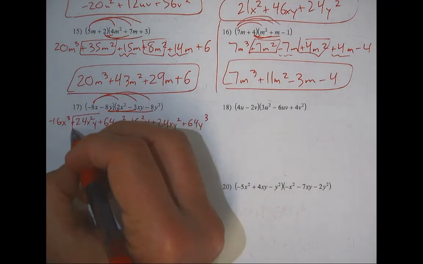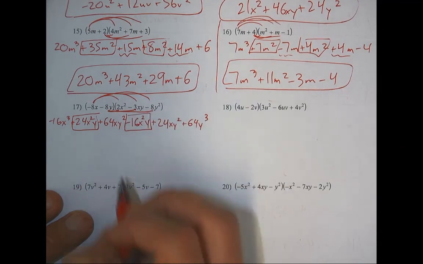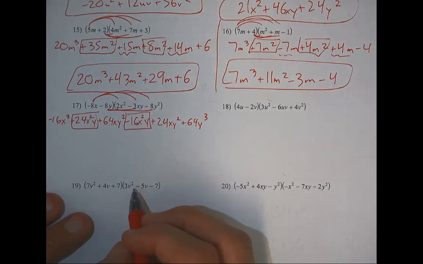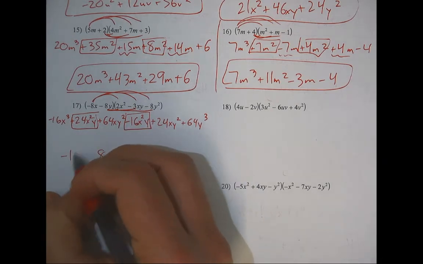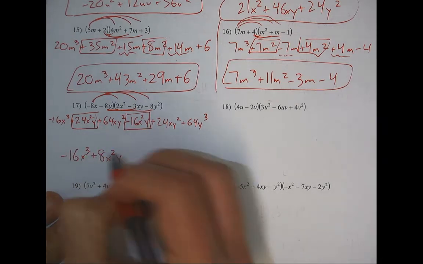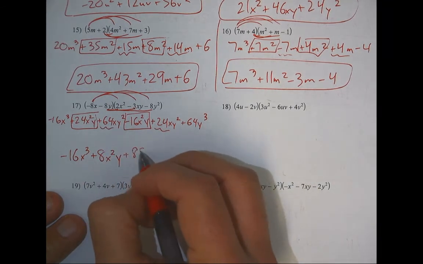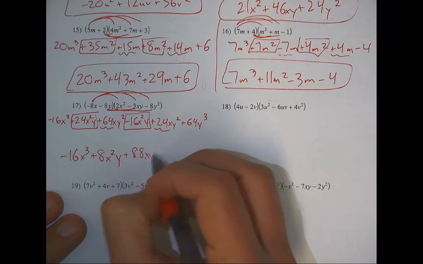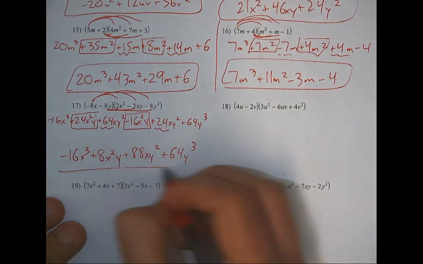All right, so x squared y goes with x squared y. That'll be 8. This is going to come down. And then I have a 64 and a 24. That's 88xy squared. And 64y to the third comes down.